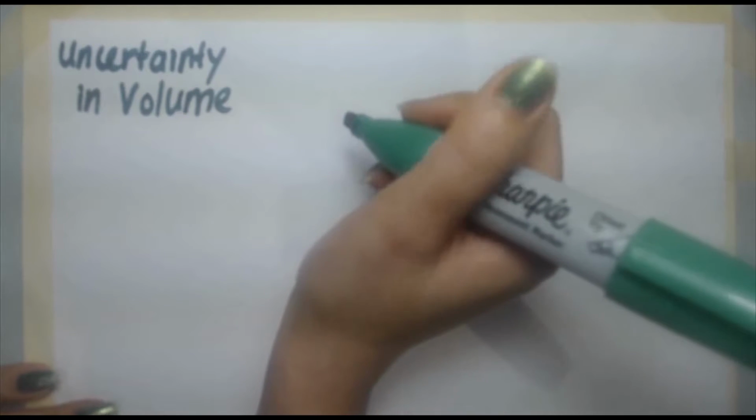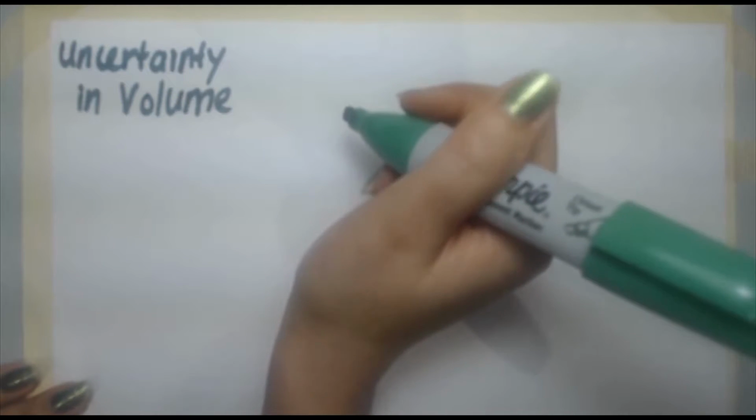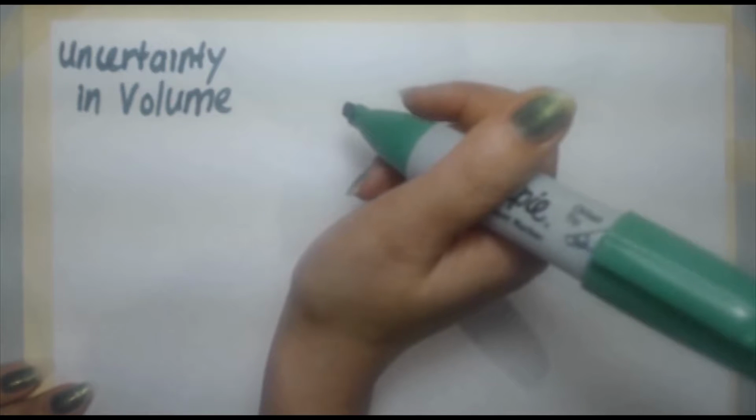We've got the min, we've got the max volume. So the uncertainty in the volume. Now here is where we can start introducing some notation. Volume we expressed as V. Whenever you have uncertainty, you can express it as the symbol delta with the variable in front.